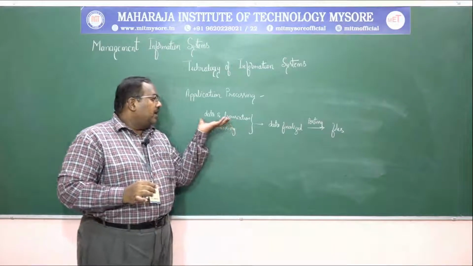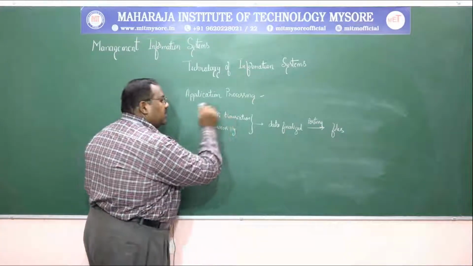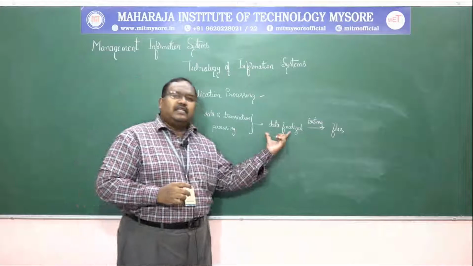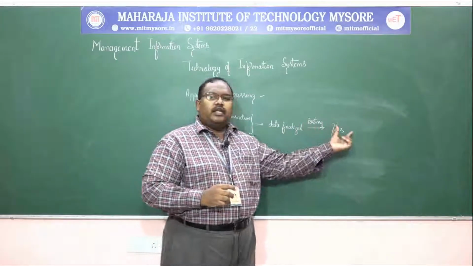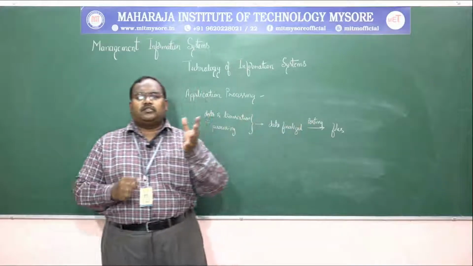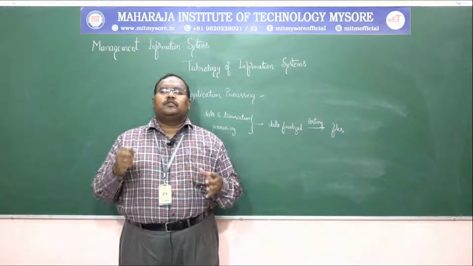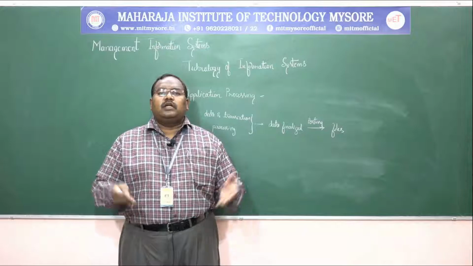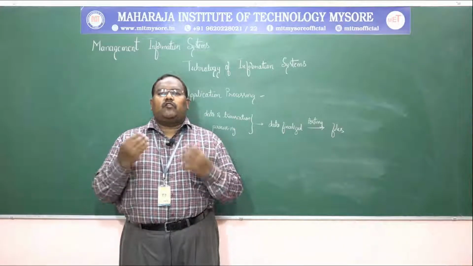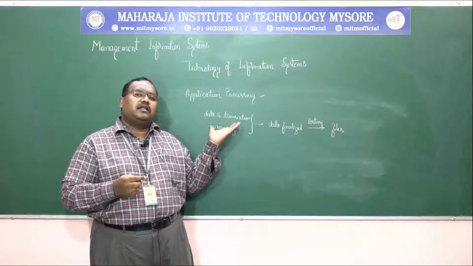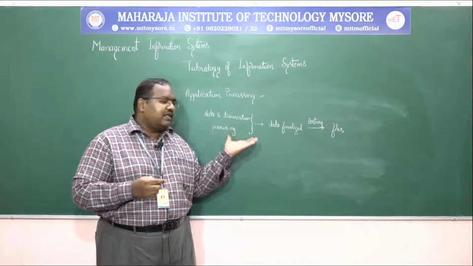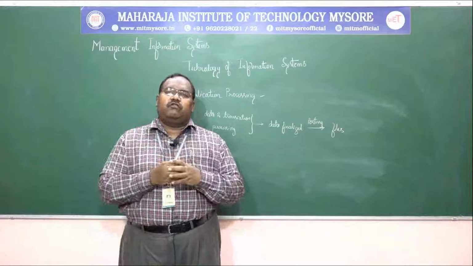So data and transaction processing helps to finalize the data, and the finalized data is posted to the various applications. When you talk about applications, these applications might be for report generation or for analyzing. So data and transaction processing affects the different files.